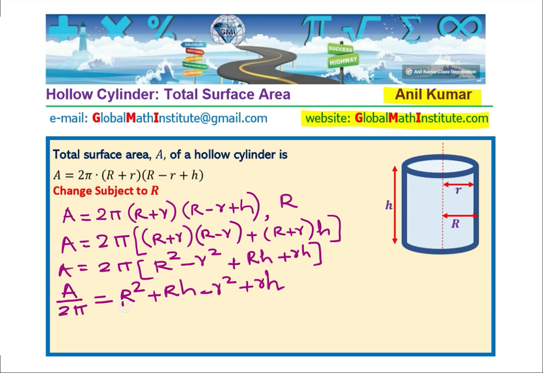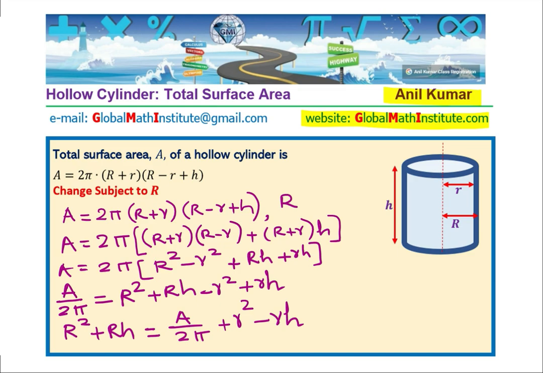Now let's write the equation in quadratic form in R square, bringing all of the constants to one side. We can rewrite this as R square plus R h equals, with these terms moved to the left side, A over 2 pi plus r square minus r h. So we have this equation.